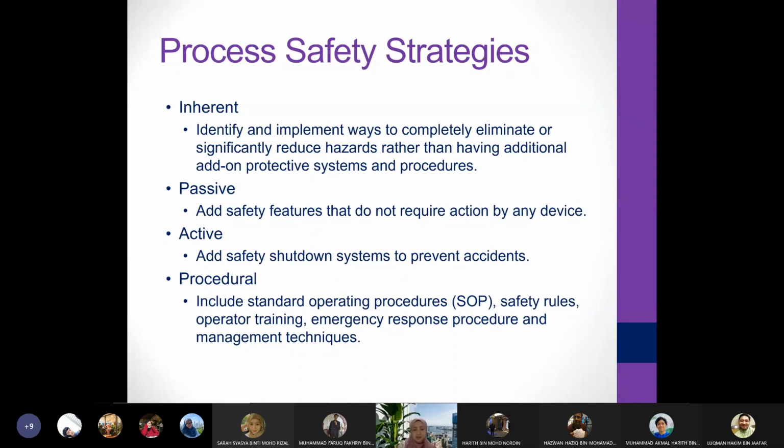And then trainings, giving trainings to operators, training of new skills, or if you have new workers, you provide them with trainings. You also need to have an emergency response procedure. That's why you always do routine fire drills, so that you understand how to respond to these emergencies. And then also management techniques too.